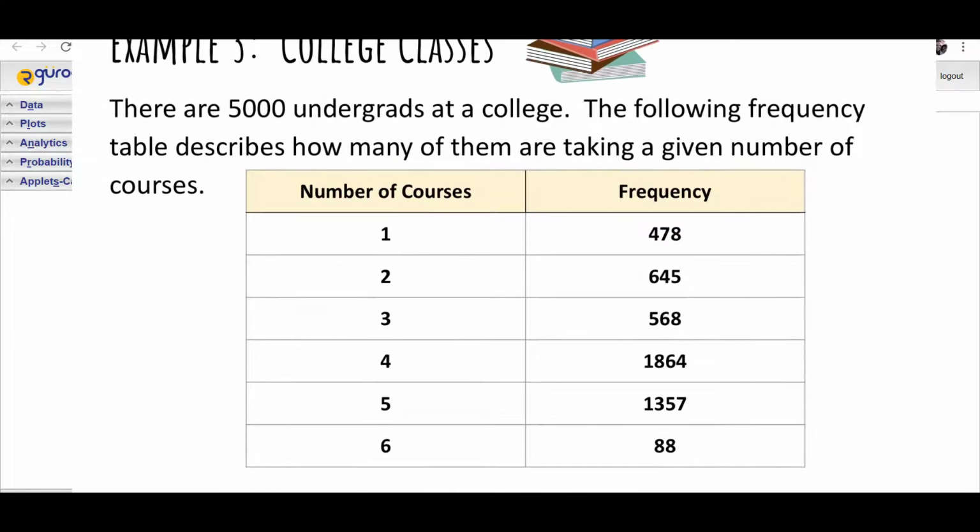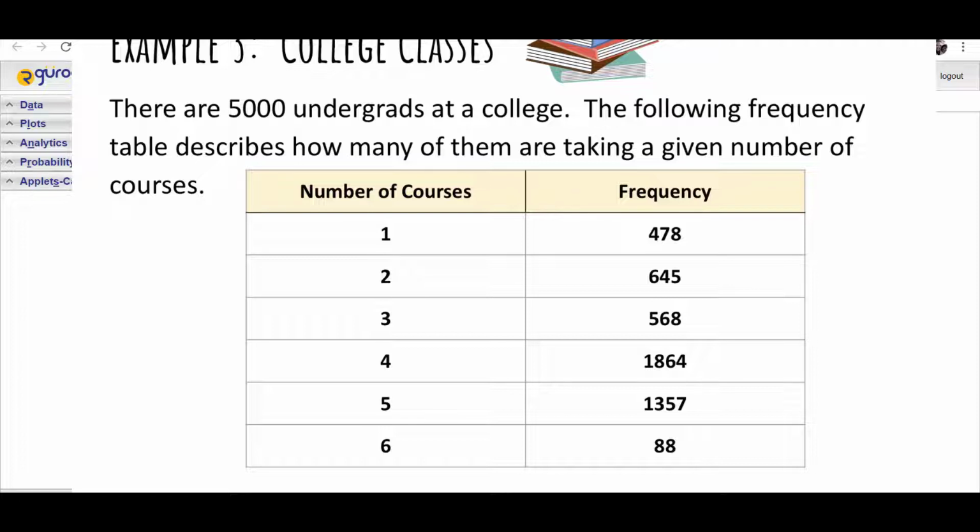There are 5,000 undergrads at a college. The following frequency table describes how many of them are taking a given number of courses, 1 through 6. So 478 are taking 1 course, 645 taking 2, 568 taking 3. You can read through the rest.